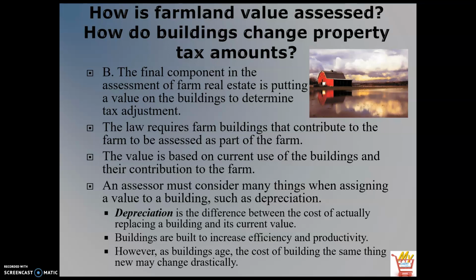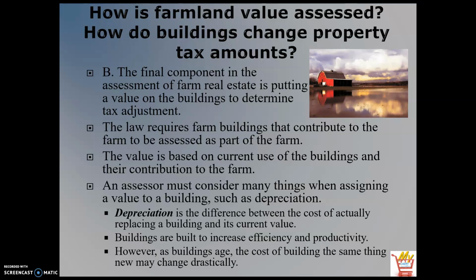So basically, property and buildings do the same thing. Over time, the buildings begin to age, they start to wear out, they need repairs. It's just a natural progression. And naturally, buildings lose some of their value over time. Now, does that depreciation happen as quickly on a building as it does on a vehicle?